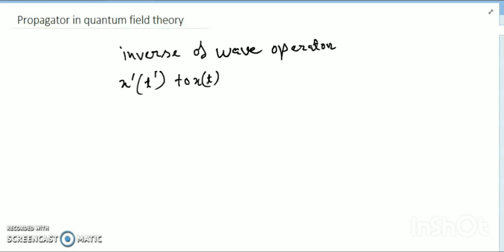In non-relativistic QM, we have the amplitude for a free particle to propagate from a certain point x0 to x.